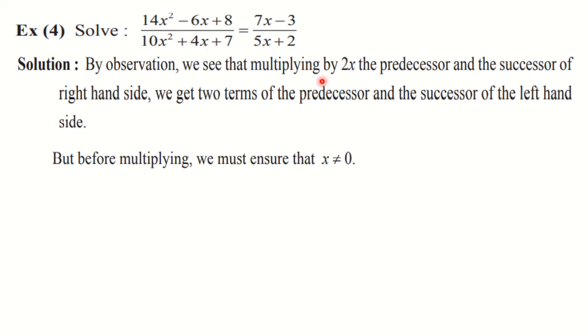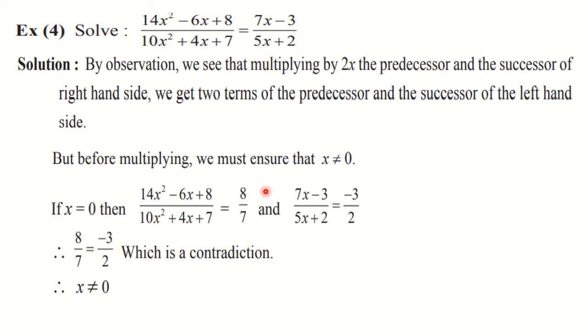But here, as we have seen previously, this should be a non-zero number. So you have to first ensure whether x is equal to 0 or not. If x is equal to 0 makes the left and right hand sides the same, then you cannot multiply. So we will put x is equal to 0 on both the sides and check whether both the sides are unequal, and only then can we proceed further.